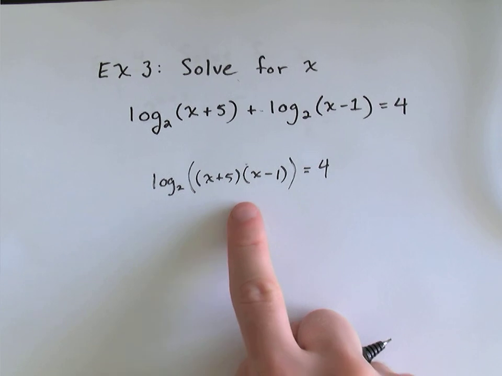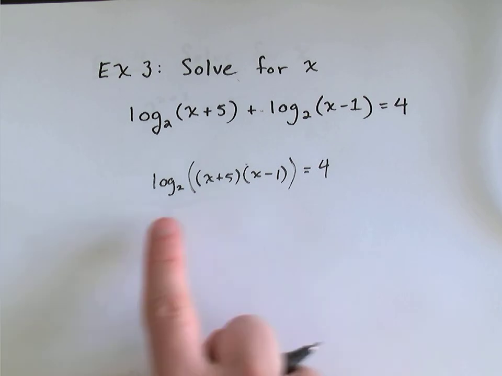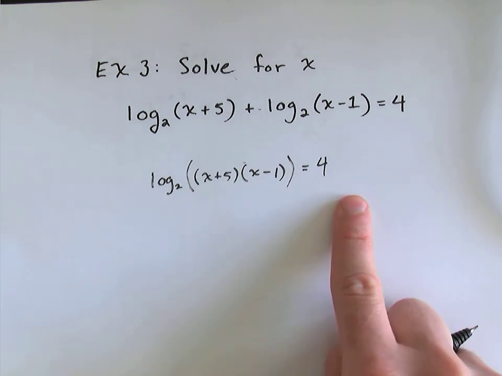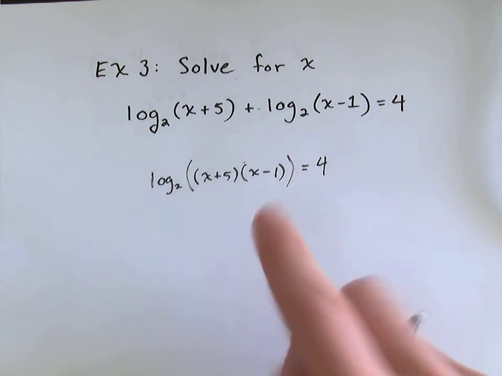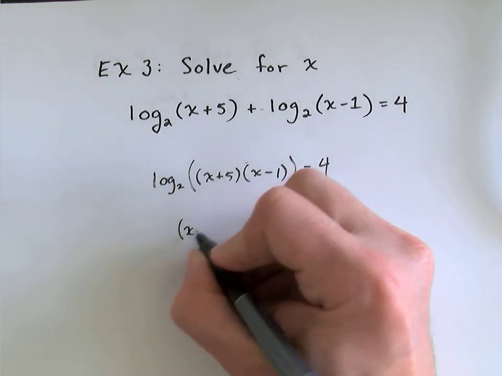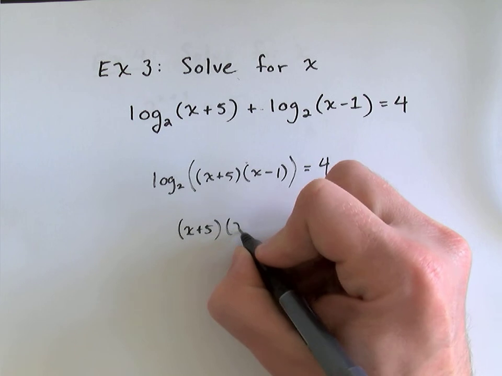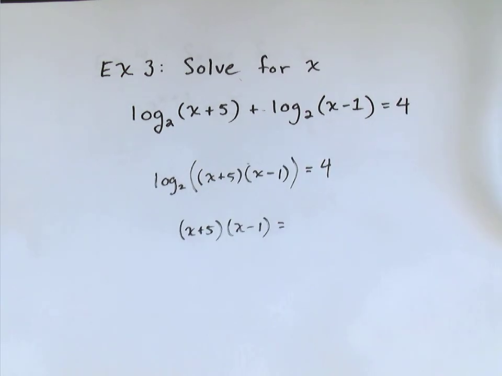Okay? Rewrote it as a product. Now I can get out of logarithmic form into exponential form by saying 2 to the 4th is equal to the argument. Here's my argument, (x plus 5)(x minus 1), that's equal to 2 to the 4th.